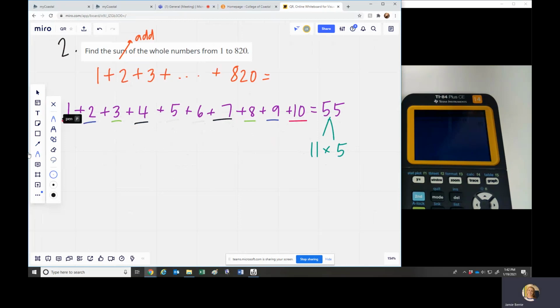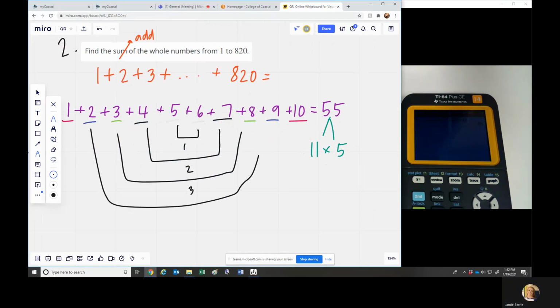Let's see how many pairs there were altogether. There was 1 pair, 2 pairs, 3 pairs, 4 pairs, and altogether there were 5 pairs. And that's where that number 5 comes in. Each of the pairs added to 11.